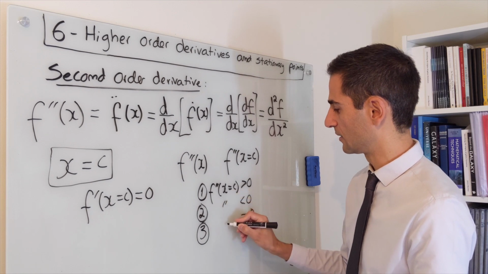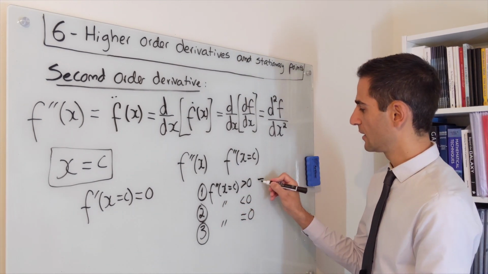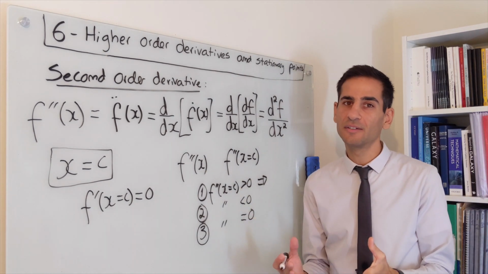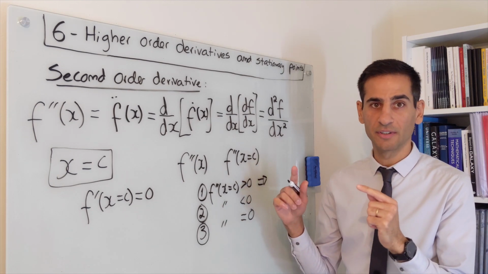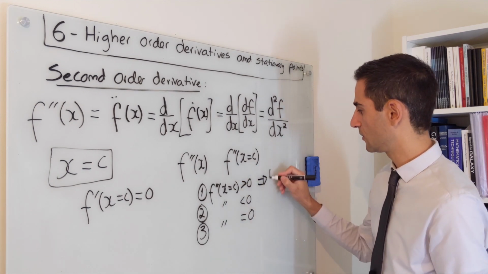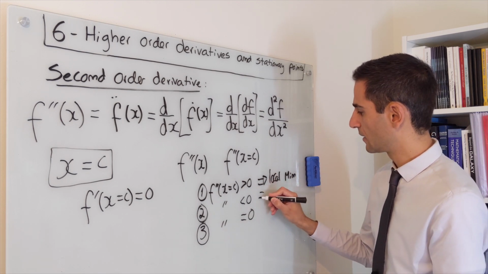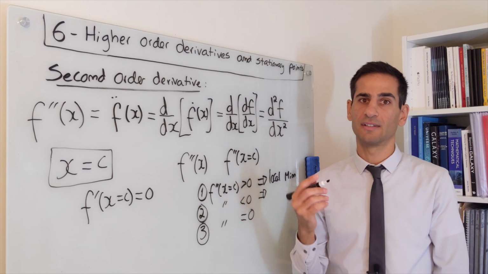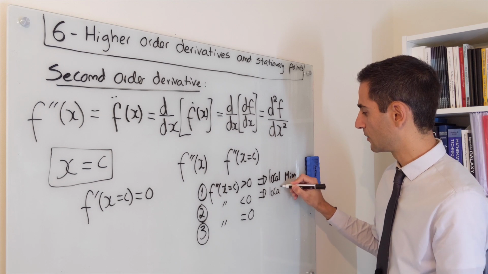What does this imply? In case number one, if the second order derivative is higher than 0, it means the function is growing at that point, which means that this is a local minimum. And for similar reasons, if the second order derivative is lower than 0, it means that you're in the presence of a local max.